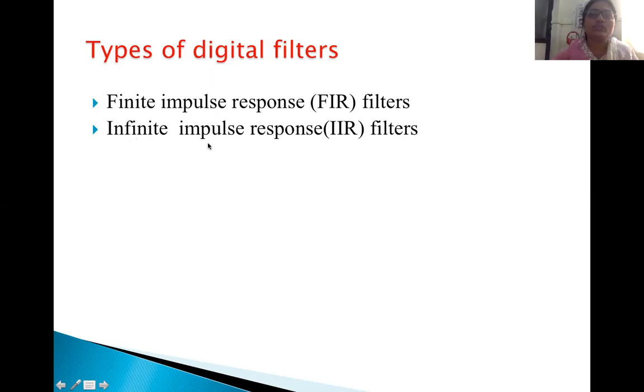The FIR filter is used to model a digital signal into a digital one, so it is a digital to digital conversion, whereas the IIR filter is used to convert an analog filter into a digital filter. In this chapter, we will study the FIR filter, and in the next chapter we will look at the IIR filter.